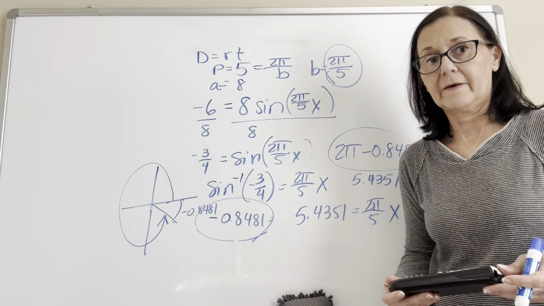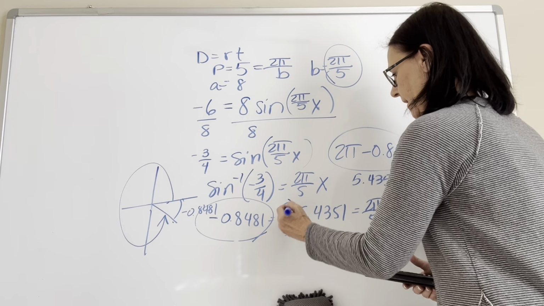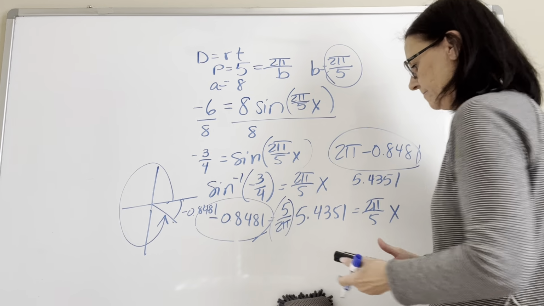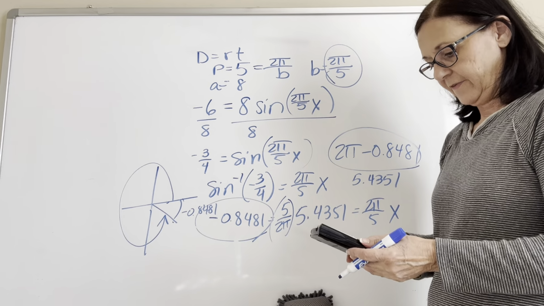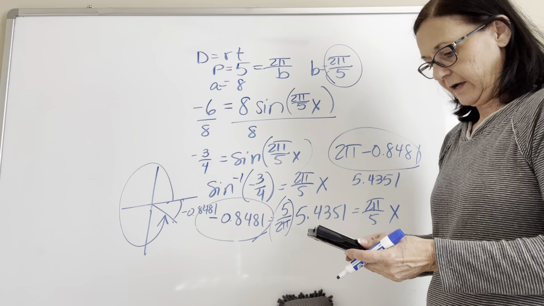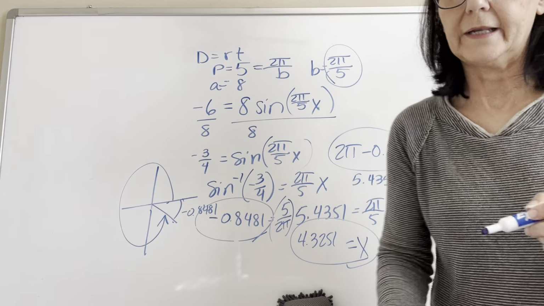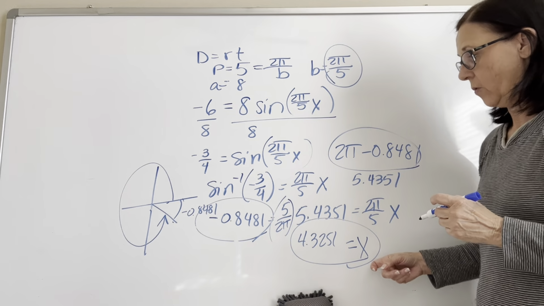So we're going to think about that in a minute. But let's figure out x in this quadrant. So I'll multiply by 5 over 2 pi, so it'll be times 5, divided by 2 times pi. And that's x equals 4.3251. That's the one in the fourth quadrant.